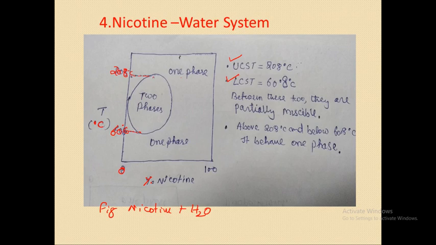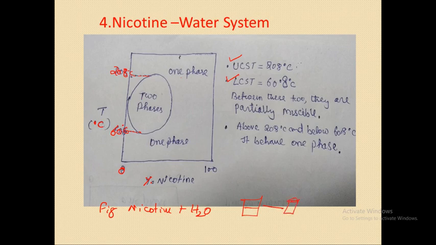Between these two temperatures, the mixture of water and nicotine will appear as two layers, something like this. It can be visible in two layers at the temperature range between 208 and 60 degrees Celsius. But when the temperature crosses 208, only one type of solution, a homogeneous solution, can be seen.